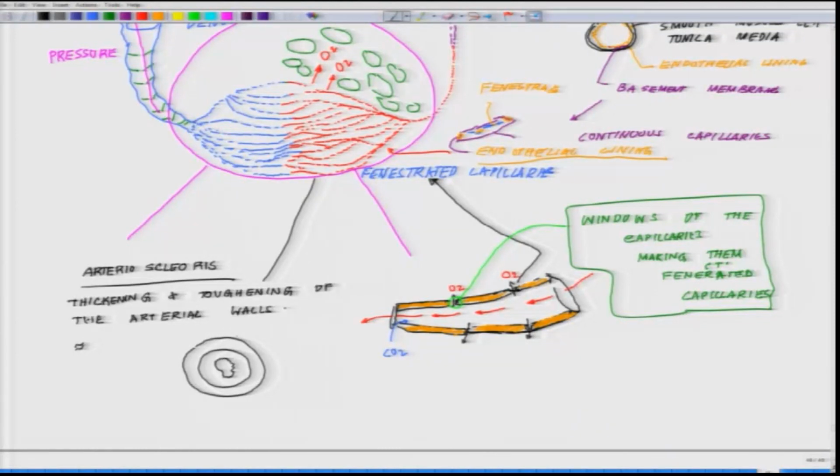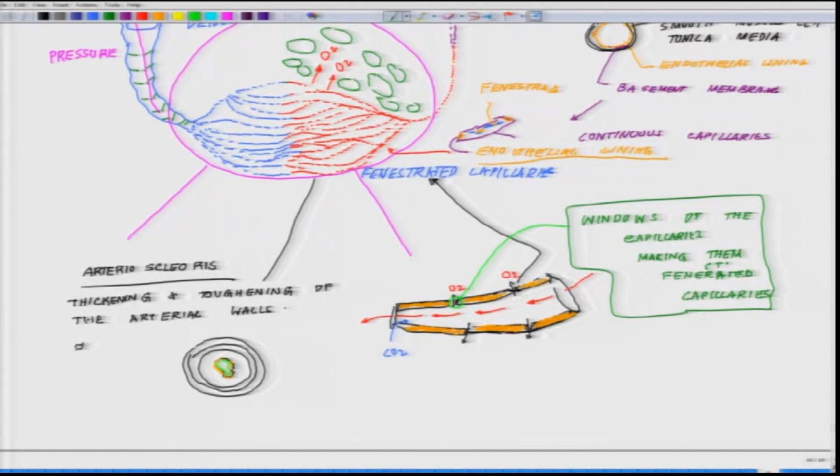The way it works is, say for example, this is the cross section. Out here, this is your tunica externa, media, interna and all that, and here you have the endothelial lining. Now on top of the endothelial lining, you are having depositions.